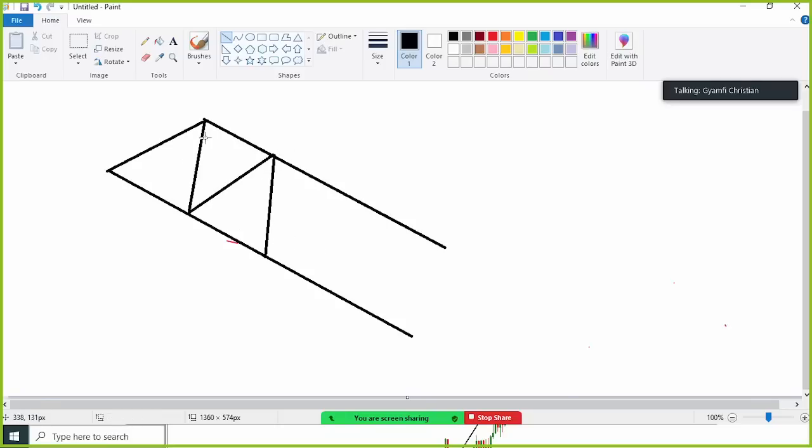If you have this diagram, this would be the tops and this would be the bottoms. In the normal English that we use, the tops and then the bottoms.